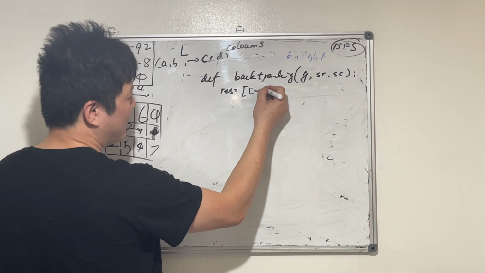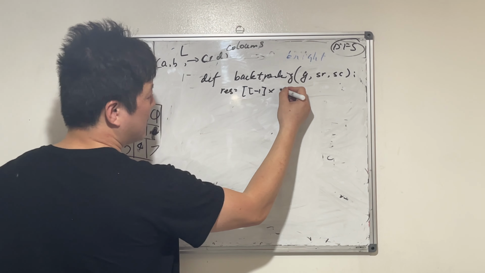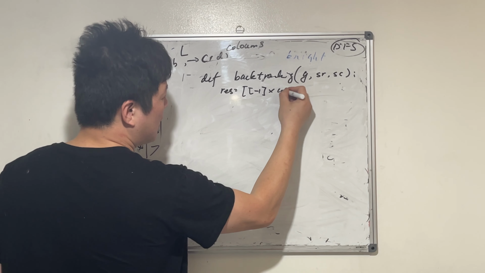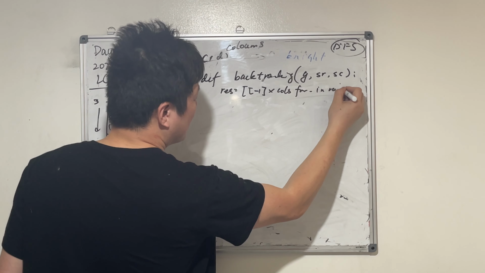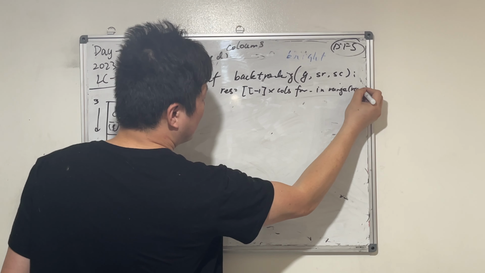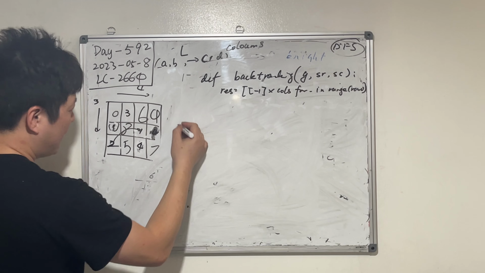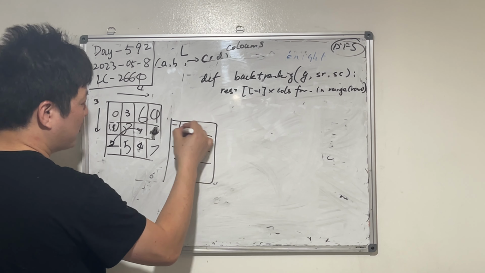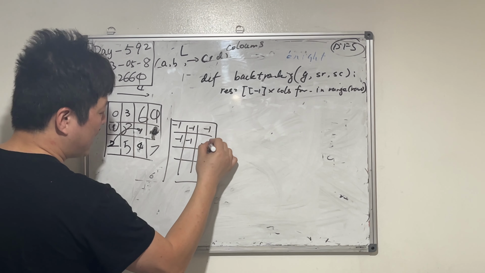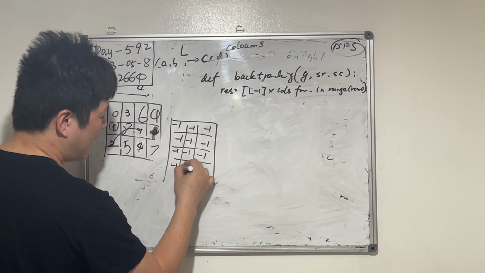Minus 1 means we haven't visited. Times the columns for underscore in range rows. So this means we have a grid which contains minus 1. Every cell is minus 1 because we haven't visited.